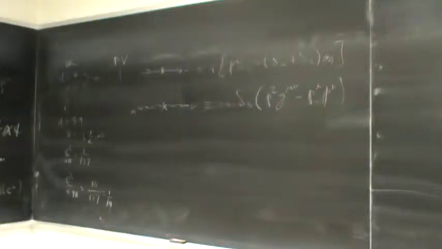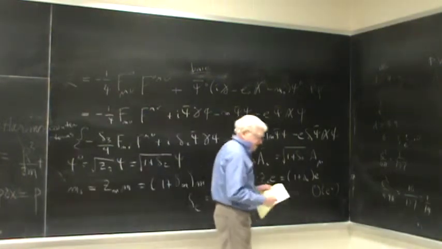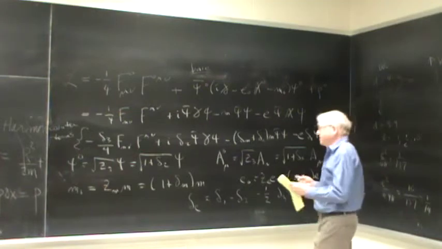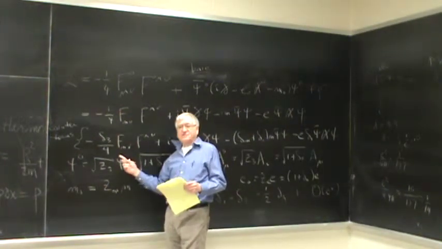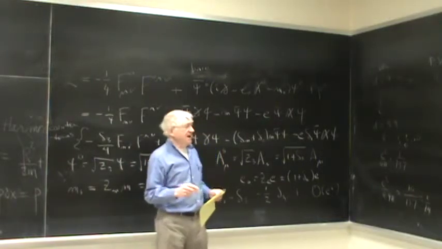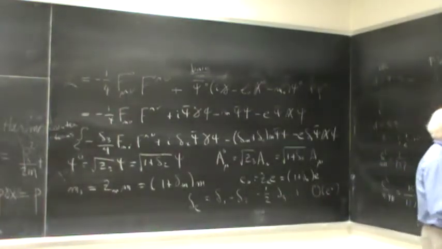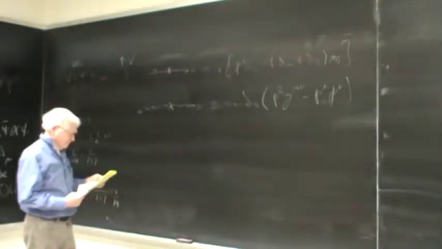Well, the δ3 comes from the F μν term. And the F μν term, of course, has ∂μ Aν, so that's where the p's come from, the derivatives acting on the gauge field, the electromagnetic field. And after you've carried that out, you find this term.